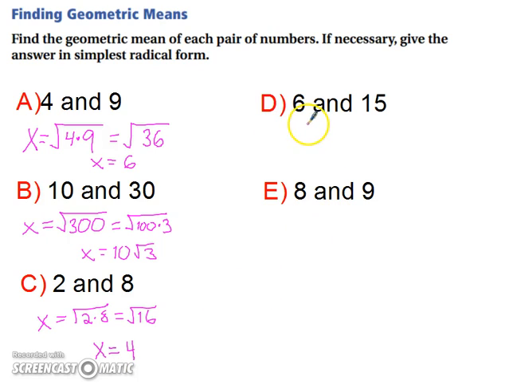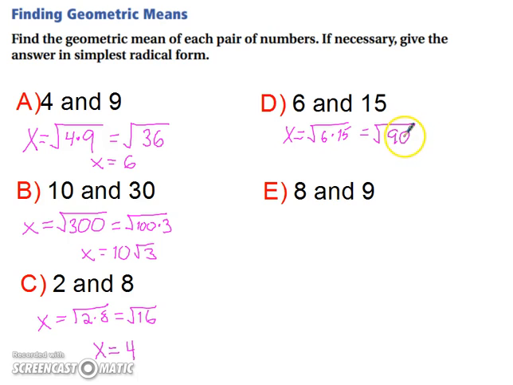Let's look at D. For D, we have 6 times 15. So x equals the square root of 6 times 15. 6 times 15 is 90, so we have the square root of 90. Similar to B, there's no easy number that we can take the square root of and have a whole number.